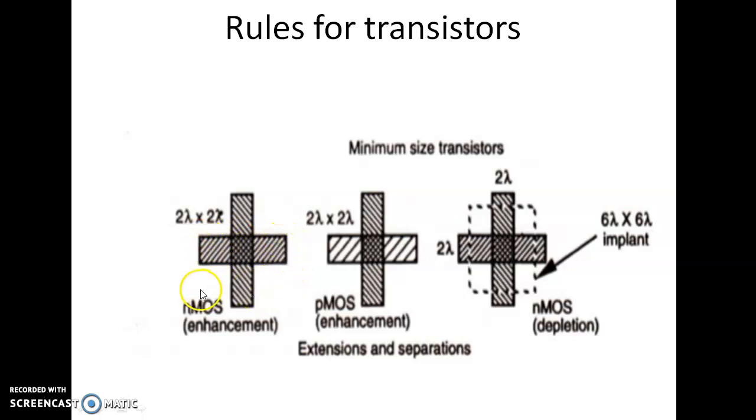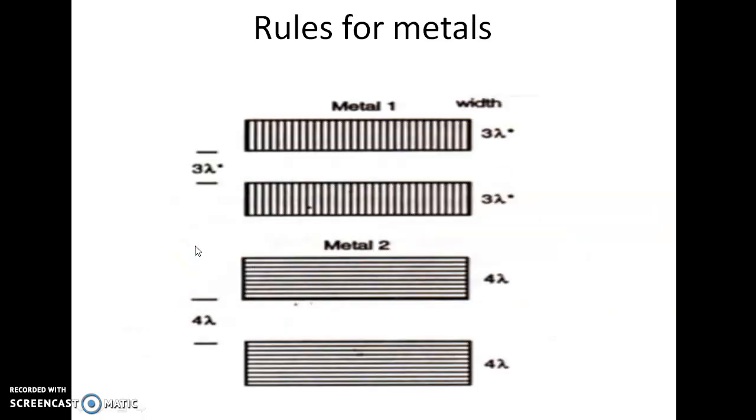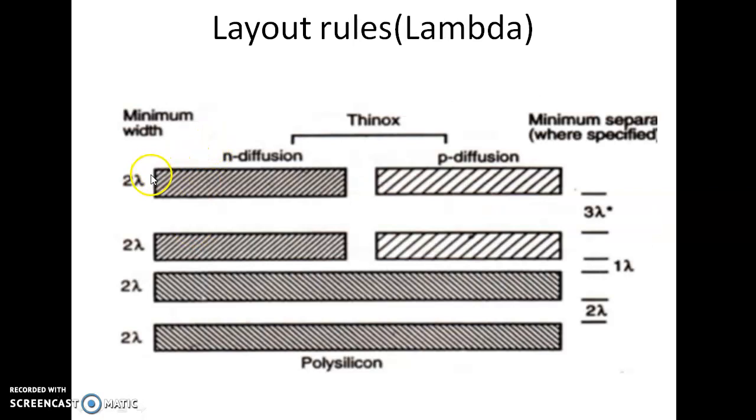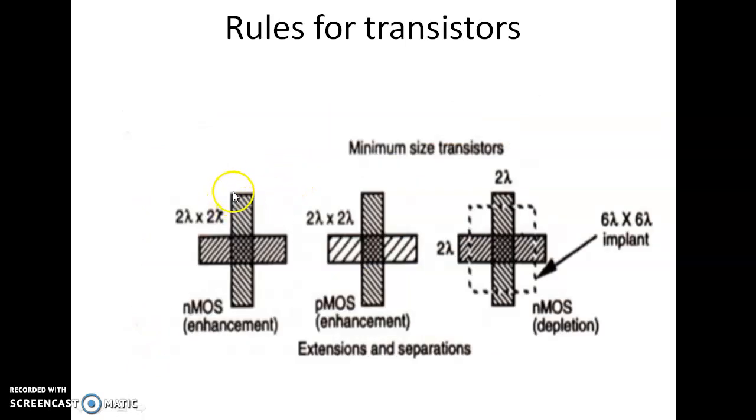Whenever the diffusion and polysilicon cross, a transistor is formed, but the width is 2 lambda by 2 lambda, because we have already discussed the diffusion minimum width is 2 lambda, polysilicon minimum width is 2 lambda. So by considering those two, whenever polysilicon and diffusion cross, it forms a transistor. It is an NMOS, N-channel enhancement MOSFET, 2 lambda by 2 lambda.